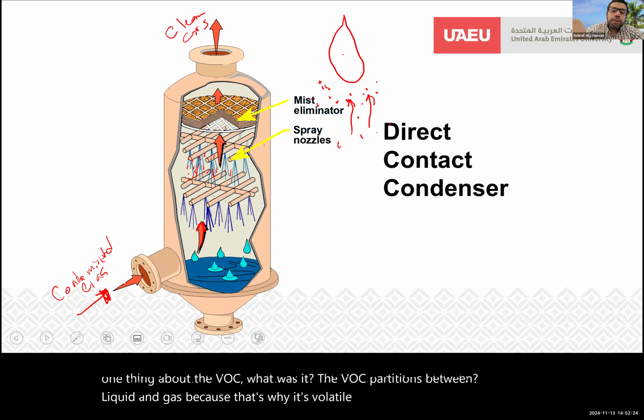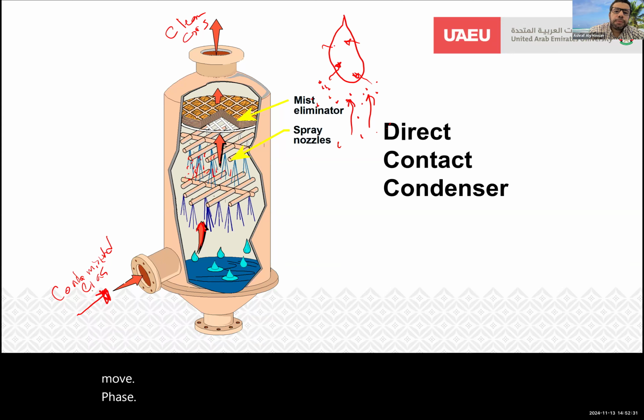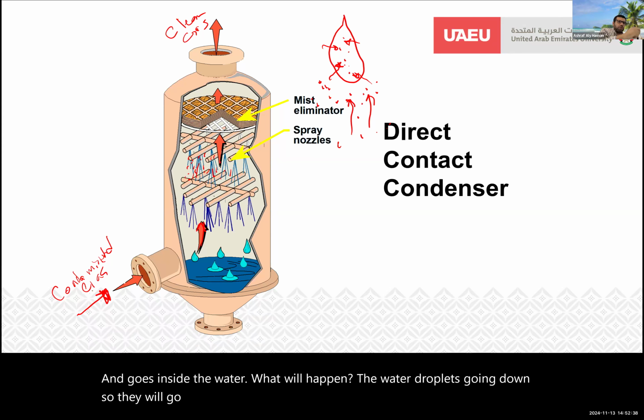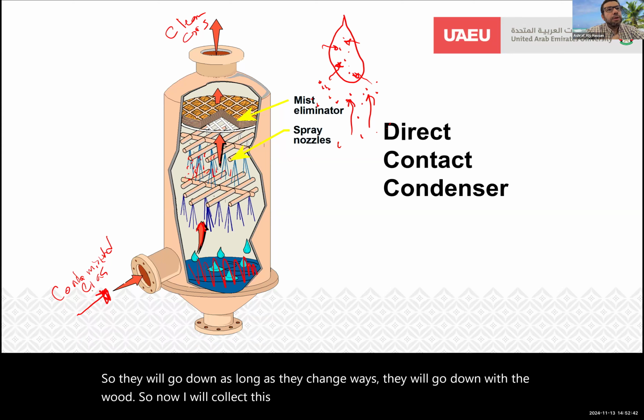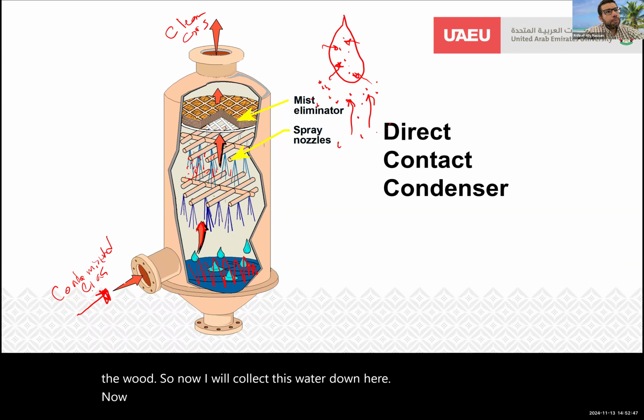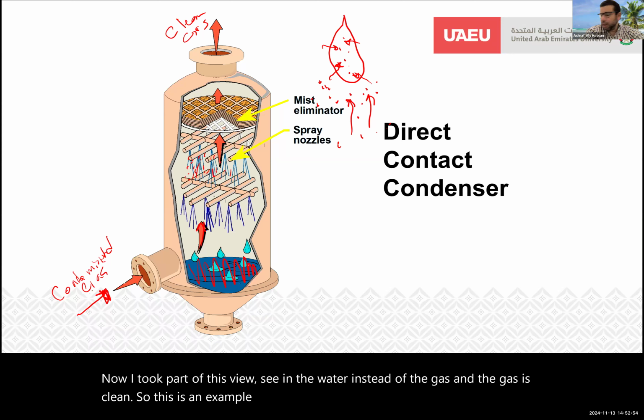So some of this will actually change phase and go inside the water. The water droplets go down, and as long as the contaminants change phase, they go down with the water. Now I collect this water down here. I took part of the VOC into the water instead of the gas, and the gas is clean. So this is an example of a direct contact condenser. Any questions?